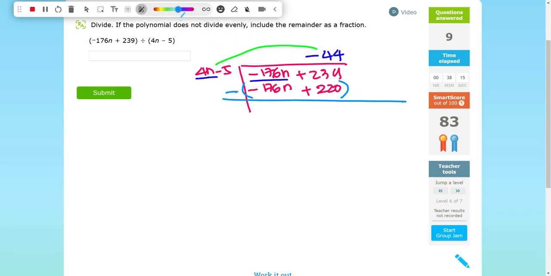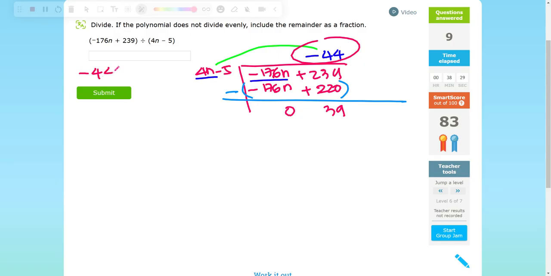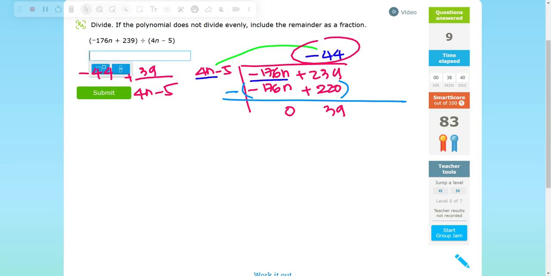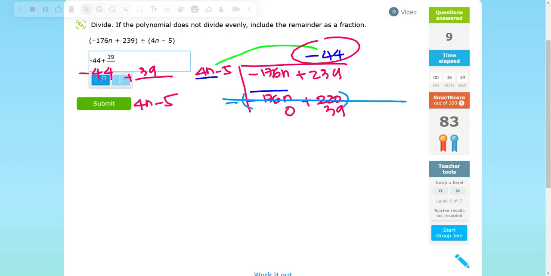As you can see, the n part is gone. 239 subtract 220, it should come out at 39. So your answer is negative 44, and then 39 over 4n subtract 5. Submit.